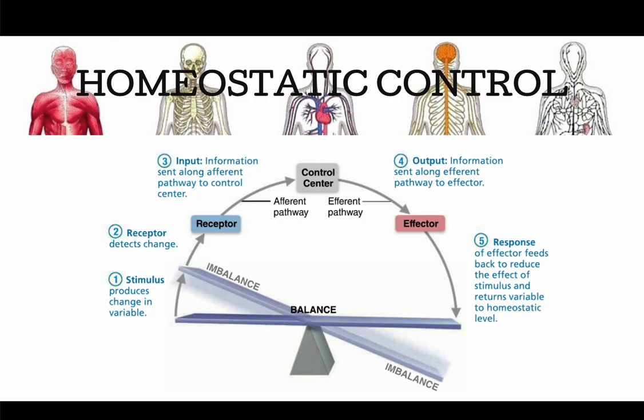So again, the first component: because of a stimulus in your environment that produces change, we have a receptor that detects the change. It monitors the change called the stimulus. Then it sends information to the second component, which is your control center, no?